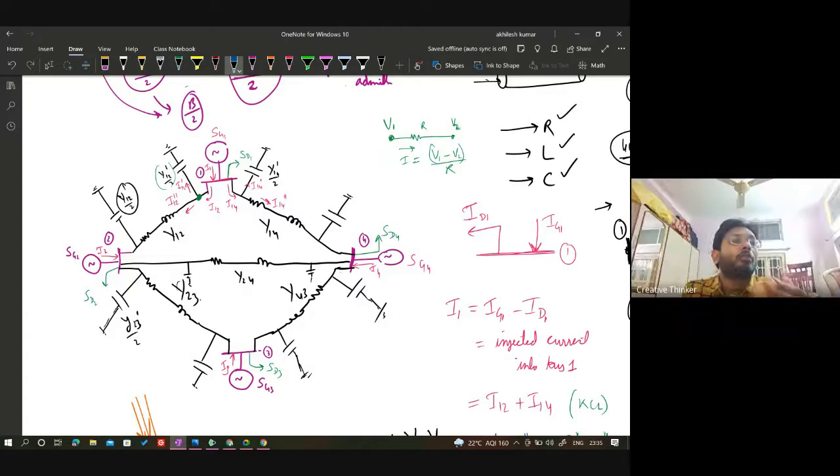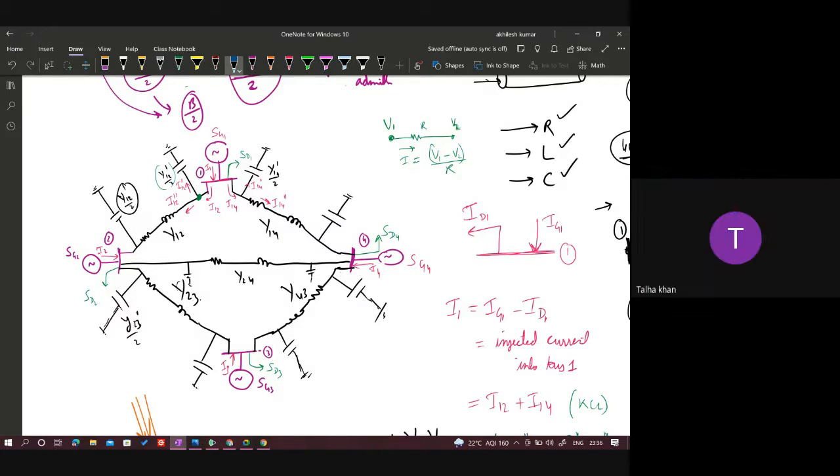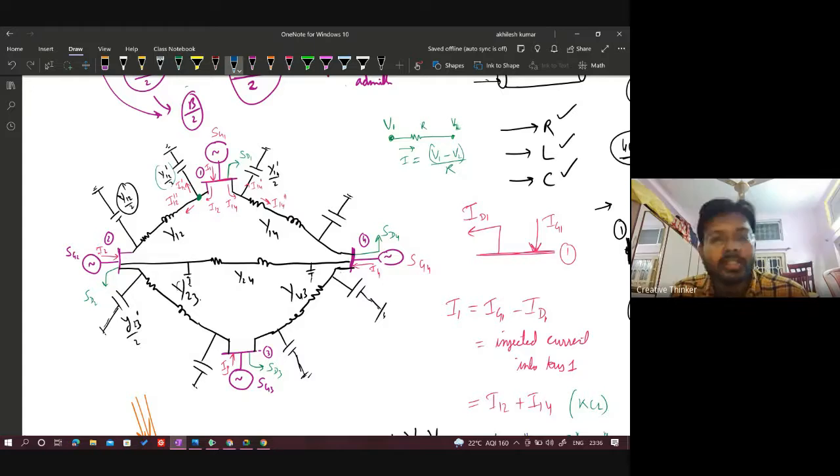We find that from the load flow studies, from the load flow analysis. And when we get the voltage of each bus accurately, then other studies we do: what is the load flowing, how much are the losses, what is the total injection, everything can be done. So this is the requirement.